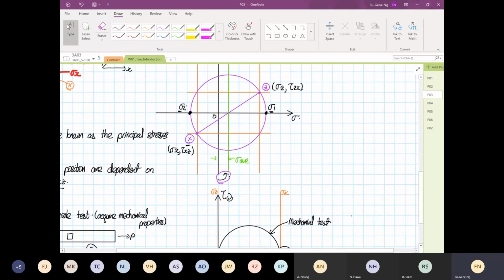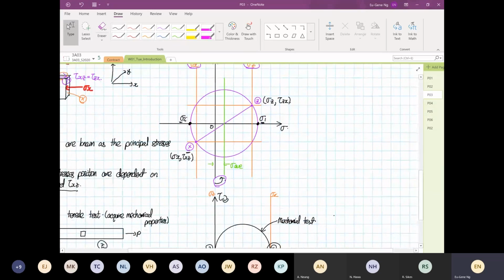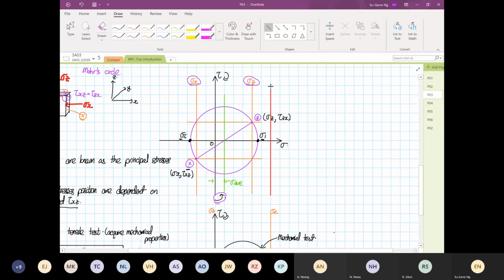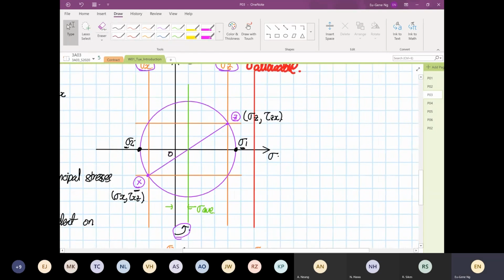I'm going to draw in red. This is our stress X line. This is what we found. So this is our stress allowable. So what does this mean based on normal stress?